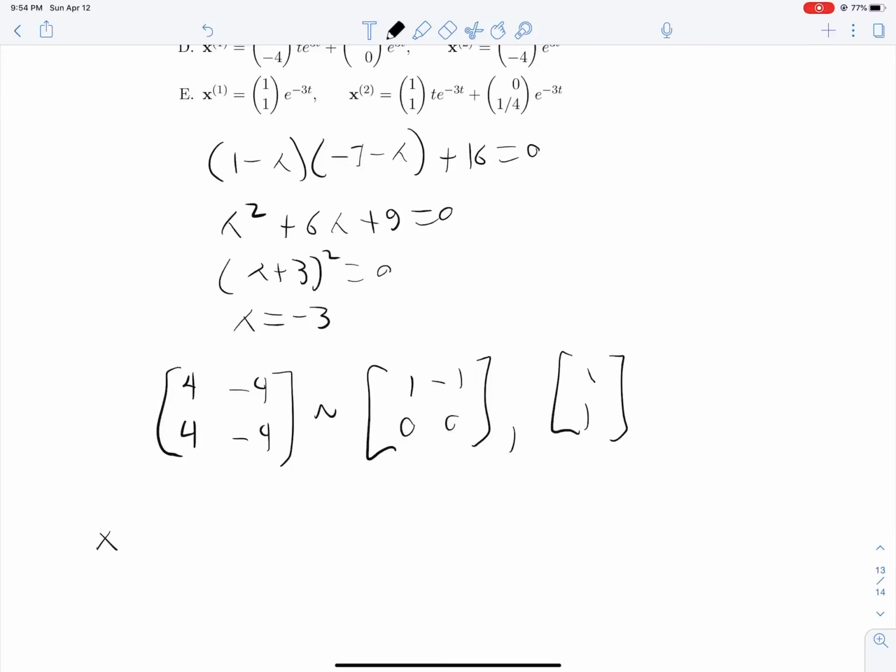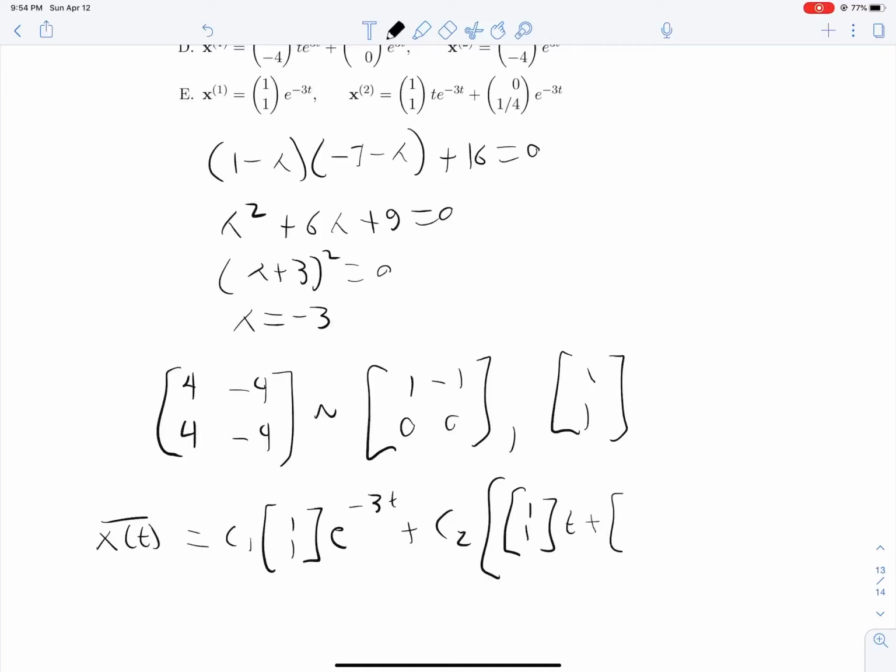So at this point, let's start making our x of t. This is going to be c1 v1 e to the lambda 1 t plus c2, and then we need our double bracket v1 times t plus our generalized eigenvector, which we haven't found yet, e to the lambda 1 t.